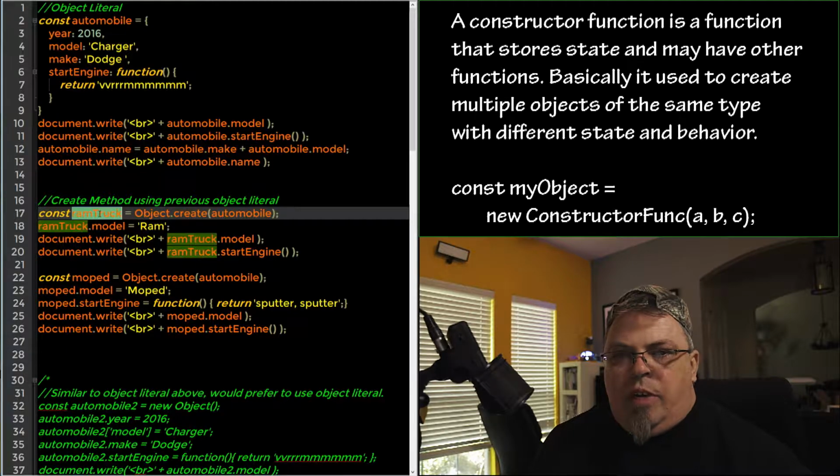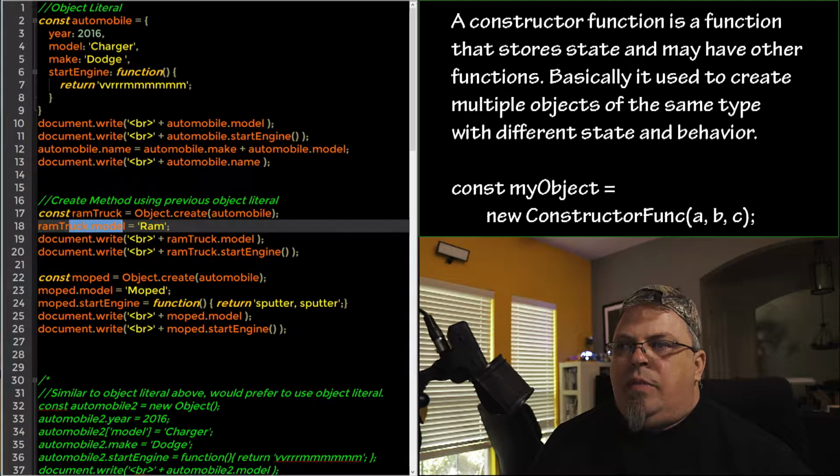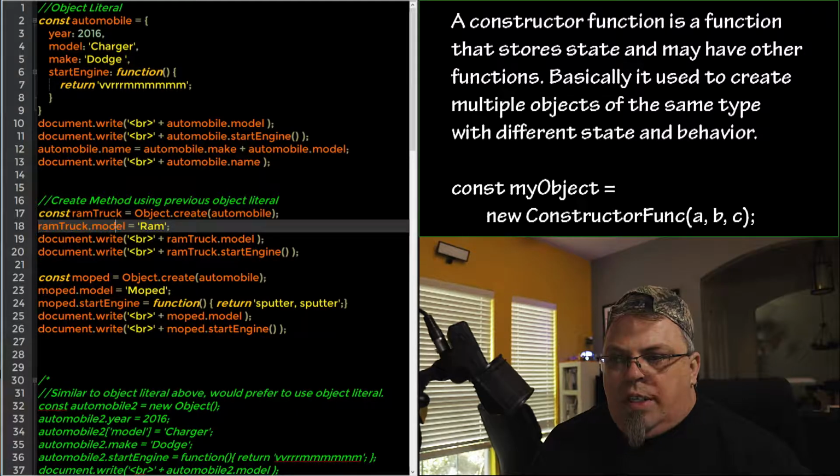And I'm going to put it into the variable Ram truck. Once I've created a new instance, I can then go ahead and change the properties to represent something else. So the original automobile properties will represent what they originally represented, which was Dodge Charger, and the new one would represent whatever I set it to.